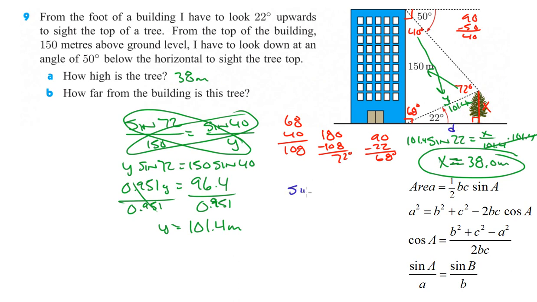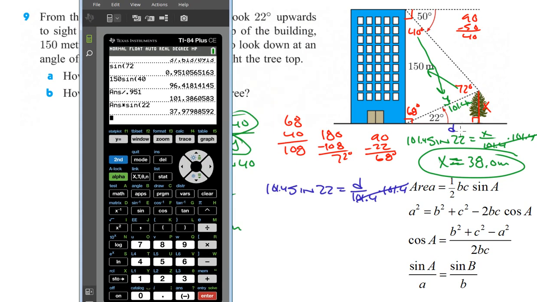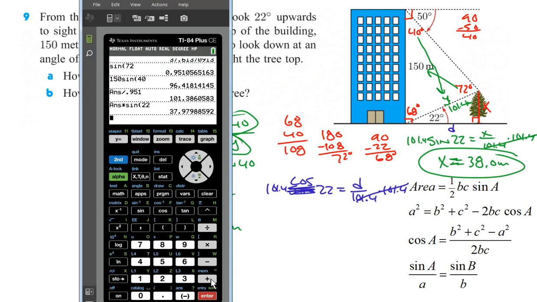So we can do sine 22 equals adjacent over 101.4. Multiply both sides by 101.4, and the distance is going to be simply 101.4 times, not sine, but cosine 22, right? Because it's adjacent and hypotenuse. So that's important.